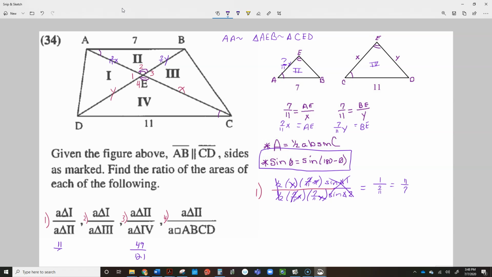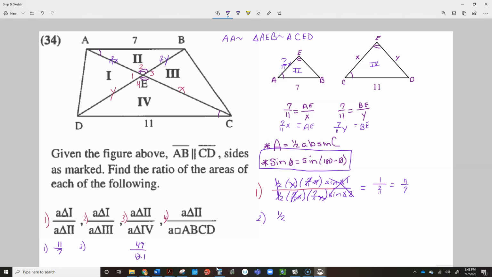So this one is 11/7. And then for number 2, this is number 1, this is number 2, I compare 1 to 3. So I'm going to do the same thing for this one. For 1 and 3, I'm going to say 1/2.